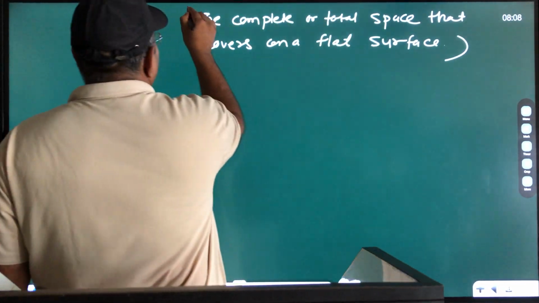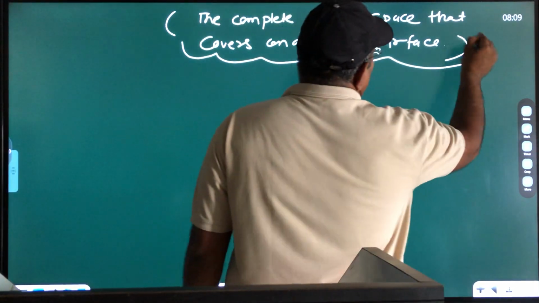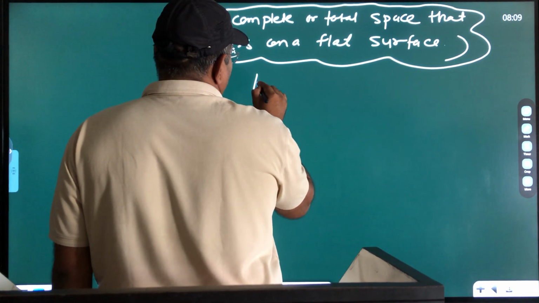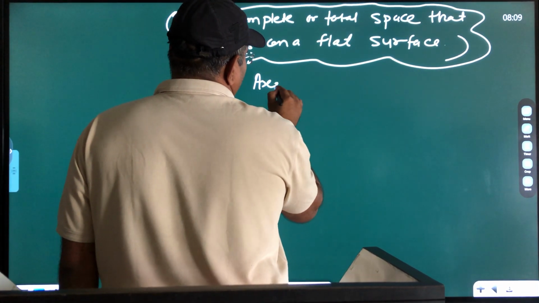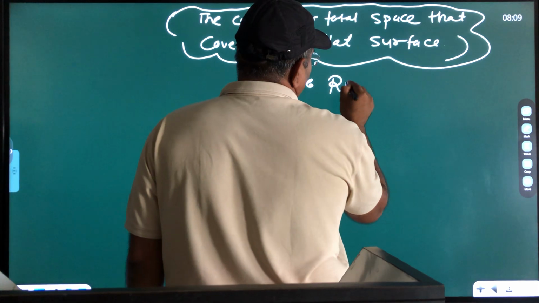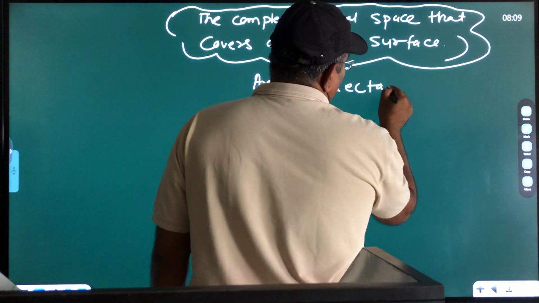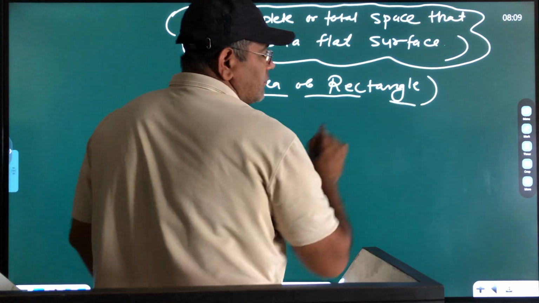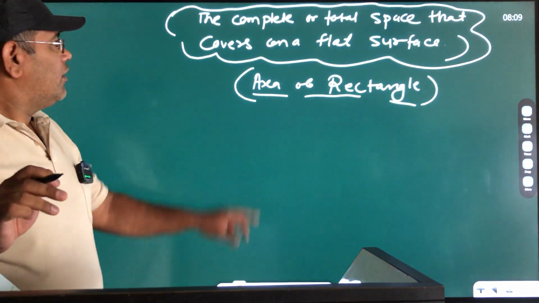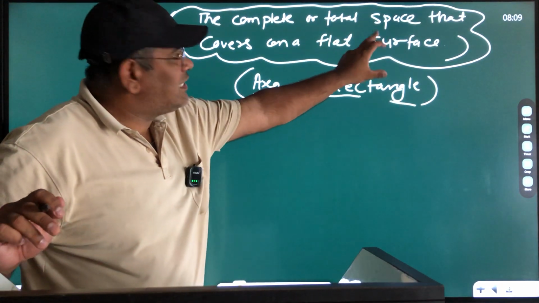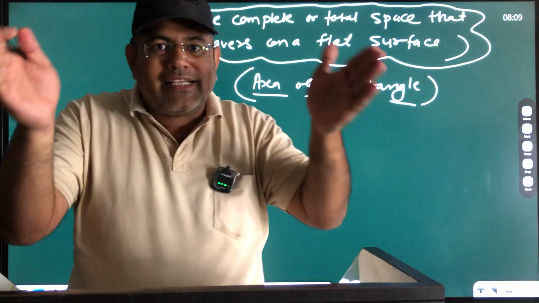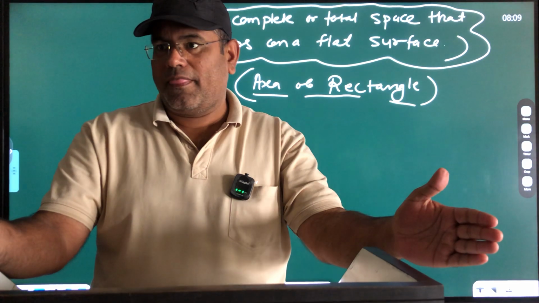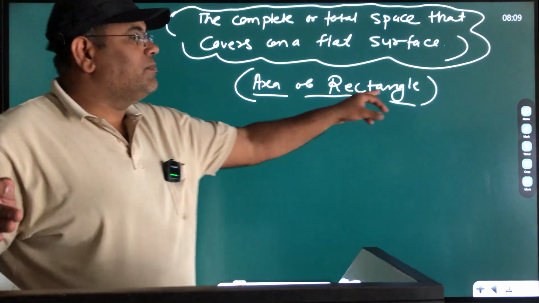This is the actual and practical definition of the area of rectangles. Am I clear? The complete or total space that covers a flat surface is called the area of the rectangles.